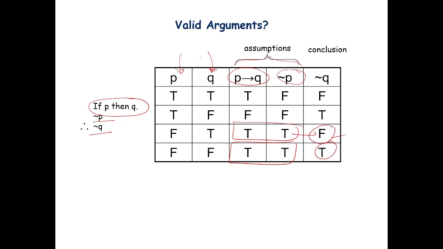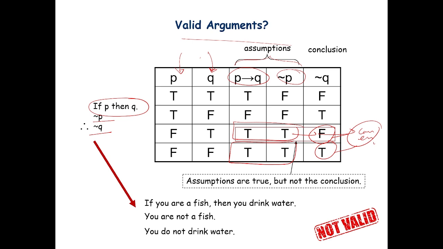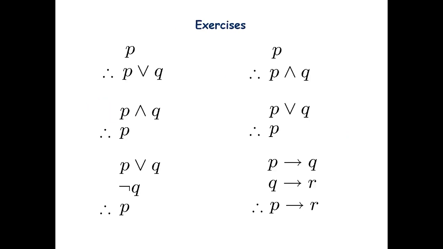The conclusion is once false, then true. This is the counterexample. So this is not a valid argument. This basically means if you're a fish and you drink water, you are not a fish, so you do not drink water. That's bogus. So they have given us exercises.